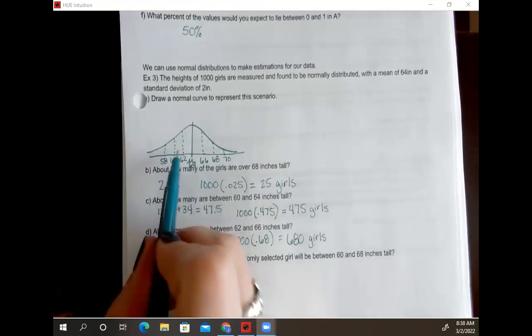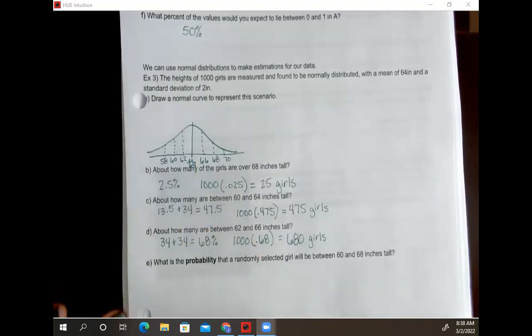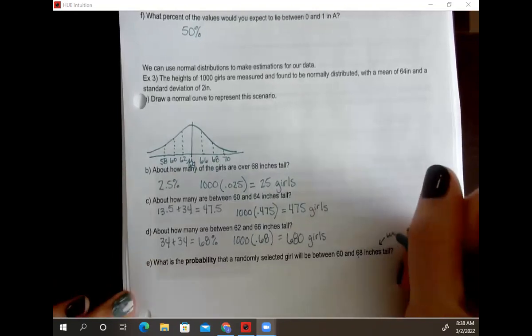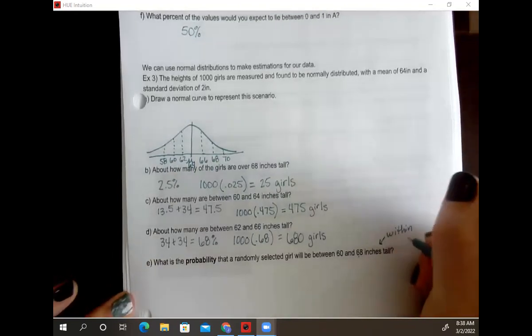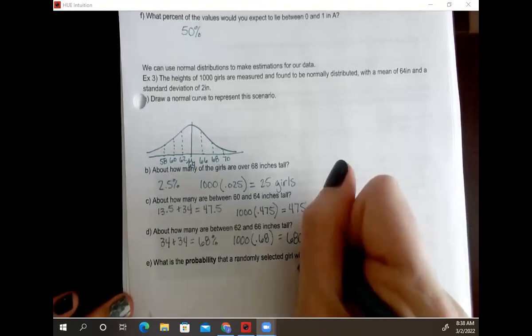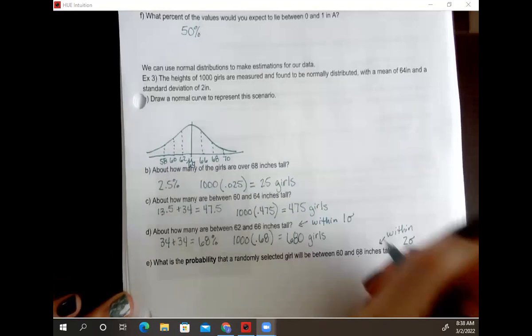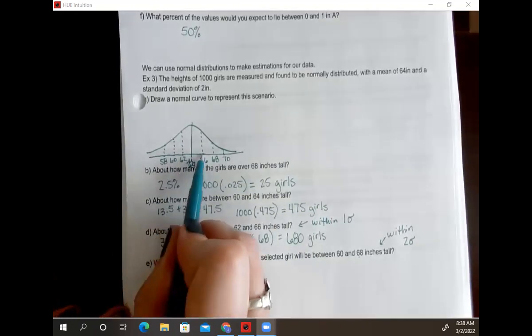Okay. And then the next one: what's the probability that a randomly selected girl will be between 60 and 68 inches tall? So this is within 2 standard deviations of our data. This was within 1 standard deviation, right? 1 standard deviation on either side.